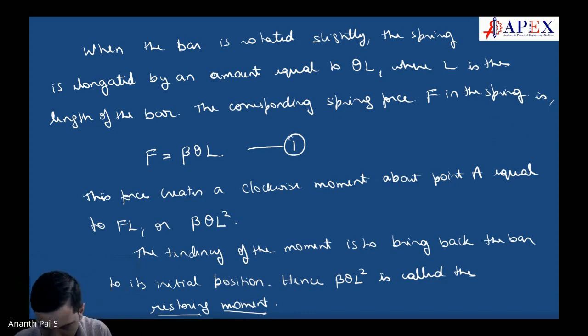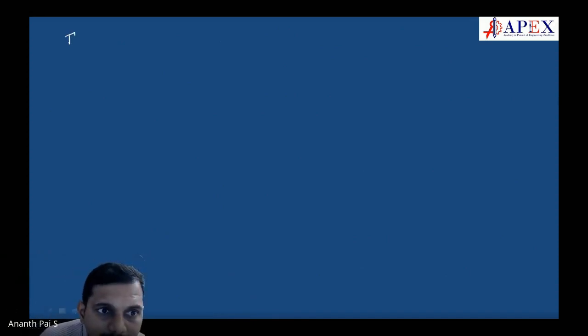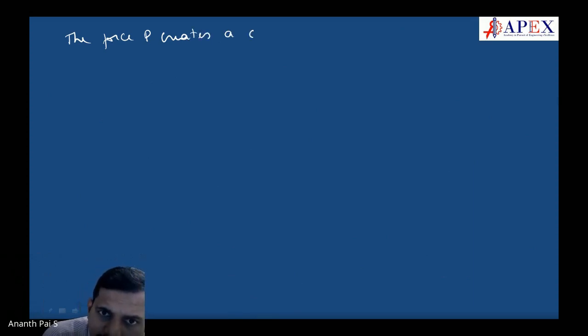Done. Next. Now here, put a mind into understanding it. The force P creates a counterclockwise moment about A that tends to overturn the bar, thus causing an overturning moment. Write it along with me, students, so that we'll save time.